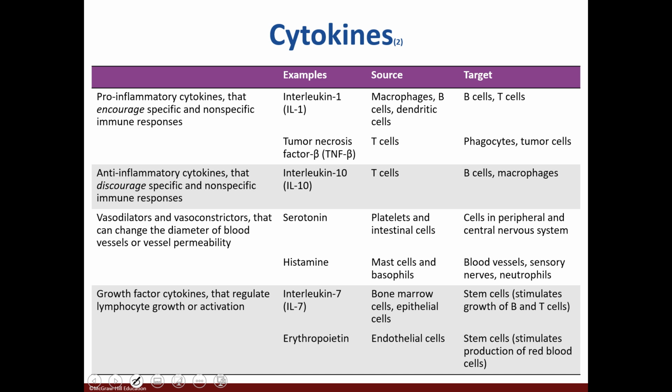Some cytokines, like interleukin-1, encourage inflammation and immune responses. Interleukin-10 is an anti-inflammatory cytokine that actually discourages the response from the immune system. Histamine acts as a vasodilator that increases the diameter and permeability of blood vessels. Other cytokines, like interleukin-7, can stimulate production of lymphocytes.